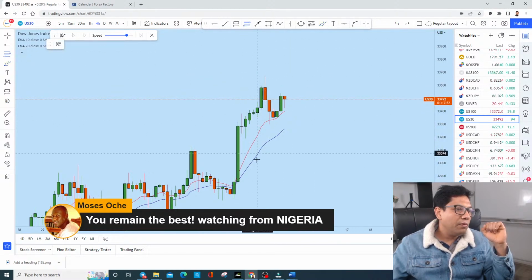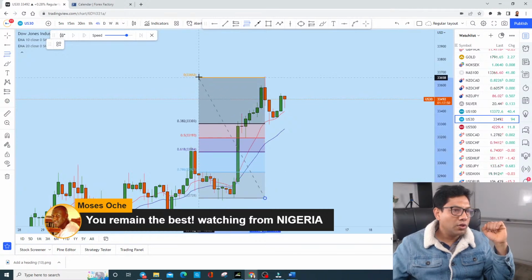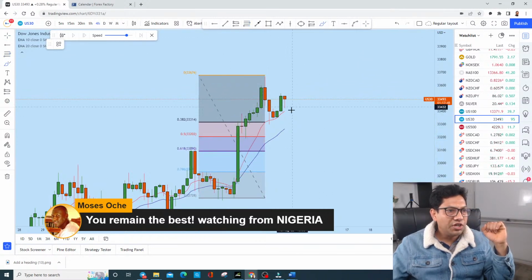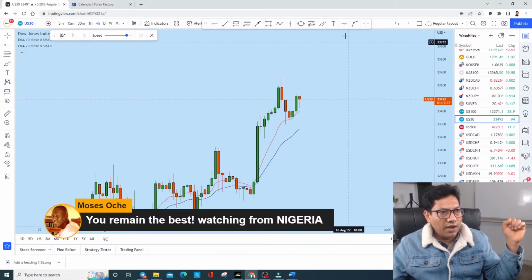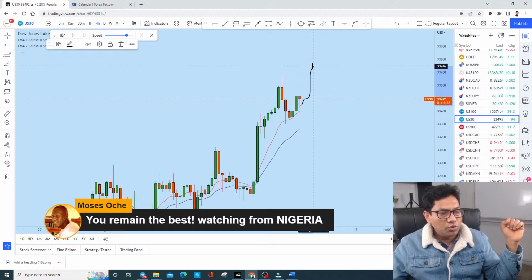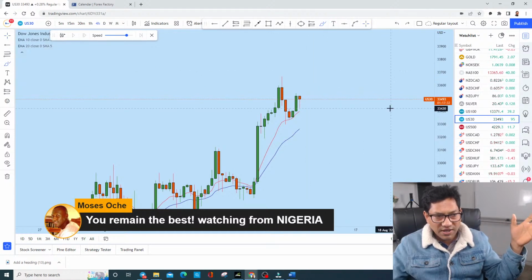If you take your Fibonacci for this movement from low to high, you see the price just retraced up to 38.2% Fibonacci and then started to push up again. Now I think the price will continue to rise, the way the price action is forming.